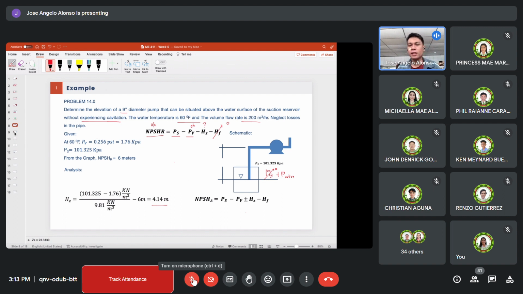Okay, so again, let's analyze the problem. Is the 4.14 meters the maximum na pwede nating, siya na yung maximum ba? Meaning hindi na siya pwedeng bumaba o hindi na ba siya pwedeng itaas sa 4.14 meters? Paano siya malalaman? Let's try to calculate the net positive suction head available.